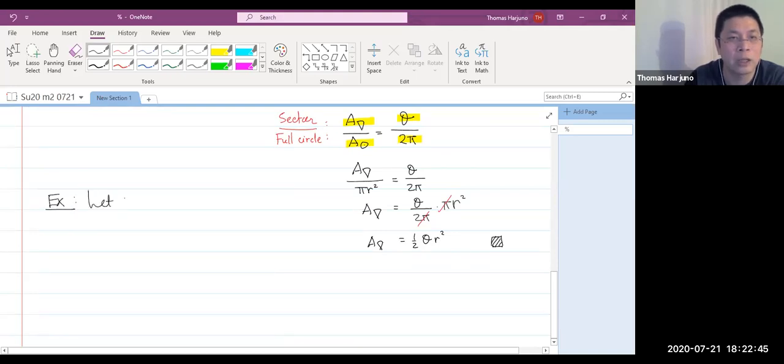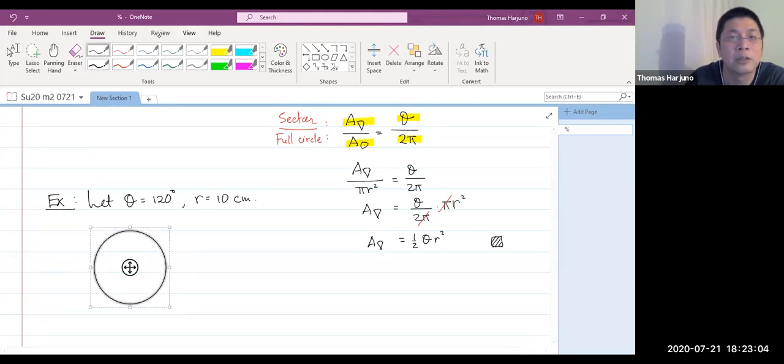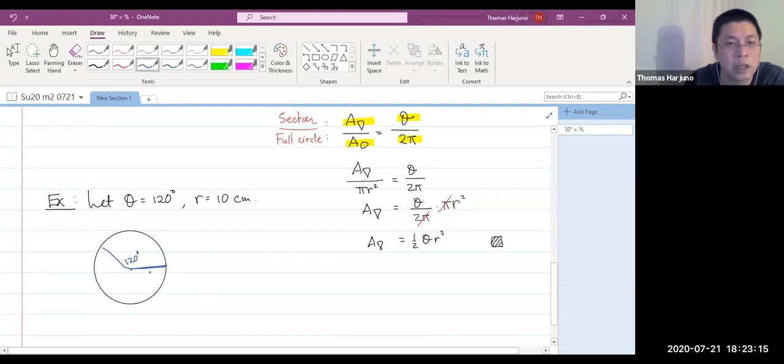Suppose we let theta be 120 degrees and the radius is, let's say, 10 centimeters. Imagine you have a circle, and the central angle is 120 degrees, and the radius is 10.